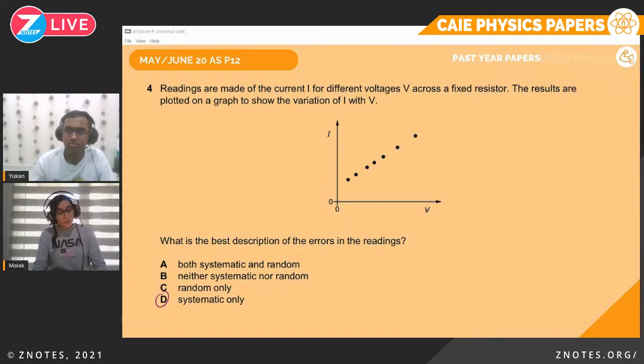Question 4. Readings are made of the current I for different voltages across a fixed resistor. The results are plotted on a graph to show the variation of I with V. All right? Which is the best description of the errors in the readings? Both systematic and random error.